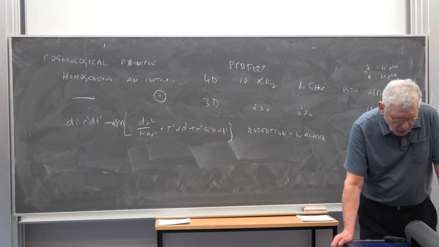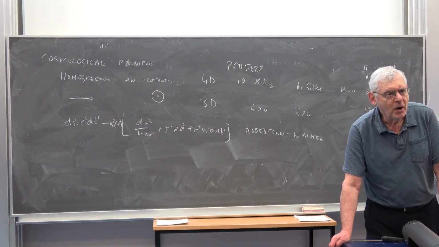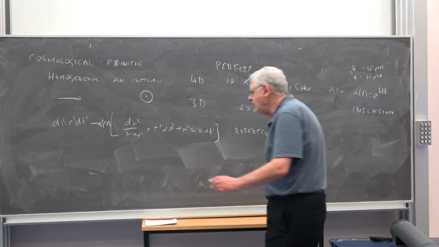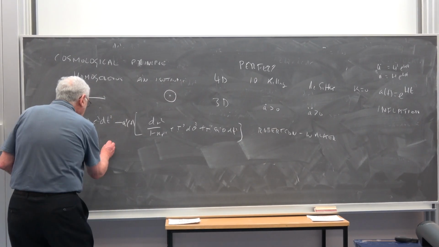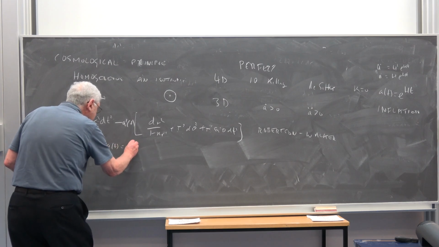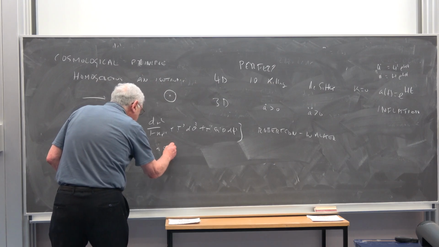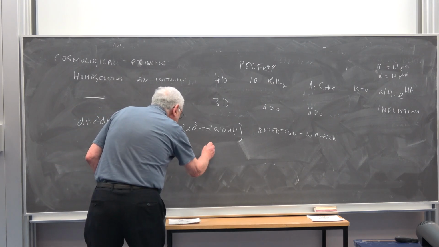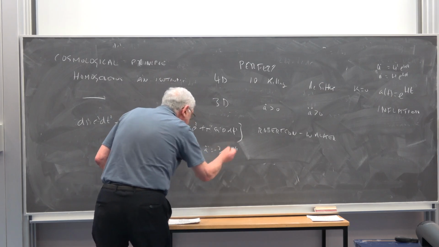However, what we find today is that it seems only to be accelerating now, not always accelerating, which means that A of t, and let me give you what we think today, A of t is t to the 2/3, A dot is 2 over 3 t to the minus 1/3, and A double dot is minus 2 over 9 t to the minus 4 over 3.